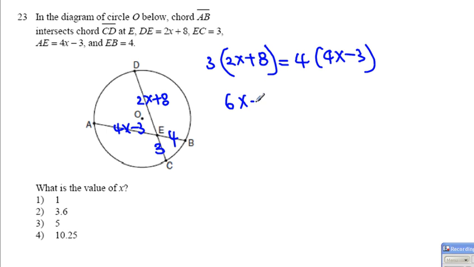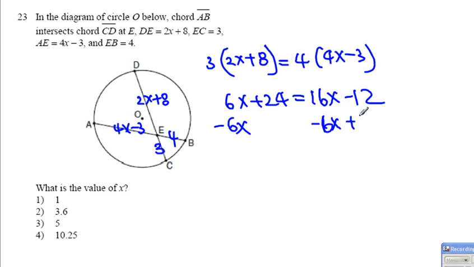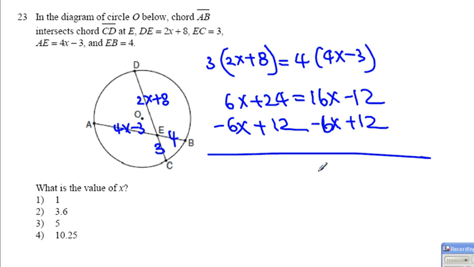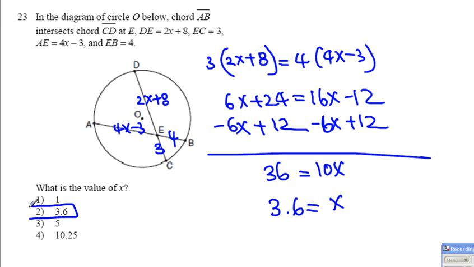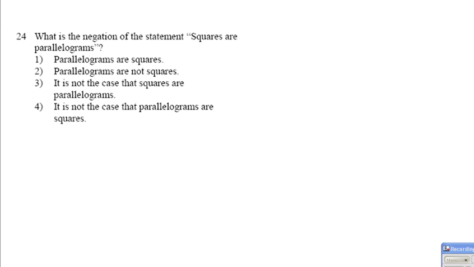Then we have 6x plus 24 equals 16x minus 12. As we subtract 6x on each side and add 12 to each side, we end up getting 10x equals 36. Hence, x must be equal to 3.6. Right here.